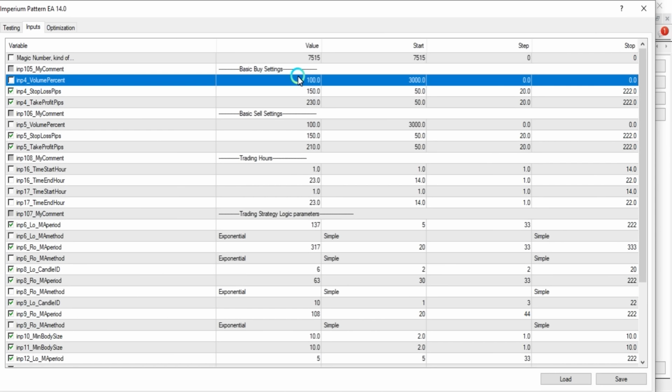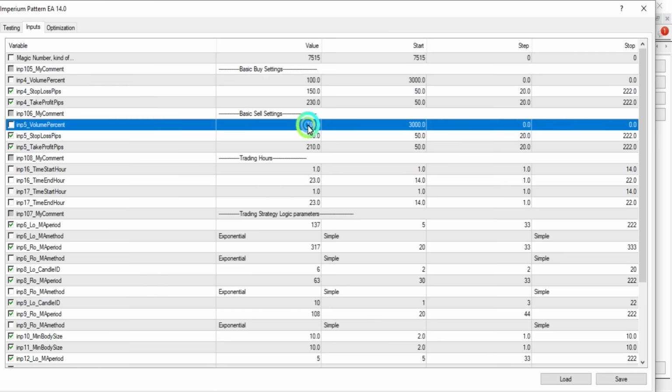You already know what stop loss and take profit levels are, so I won't talk about those. Let's talk about something more interesting.